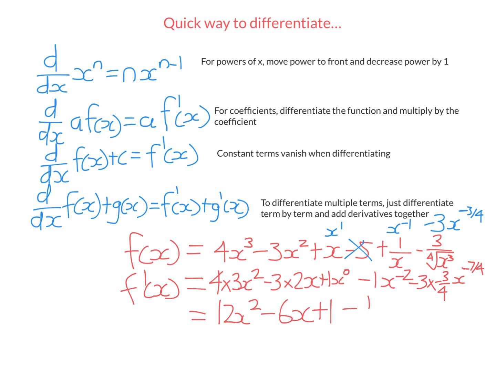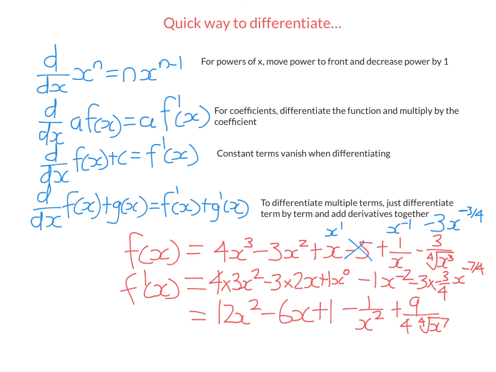Minus 1x to the minus 2 is minus 1 on x squared. And for this one, the two negatives make a positive, so it becomes positive 9 over 4. Now, x to the power of 7 over 4 is the fourth root of x to the power of 7. And we're done. That's how you differentiate quickly.